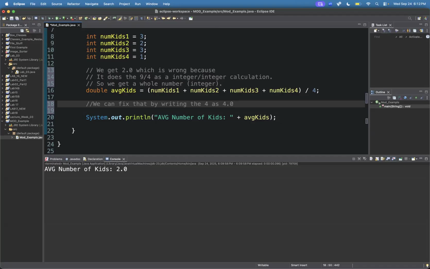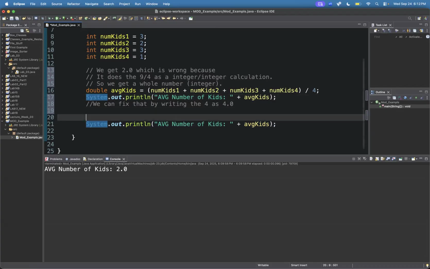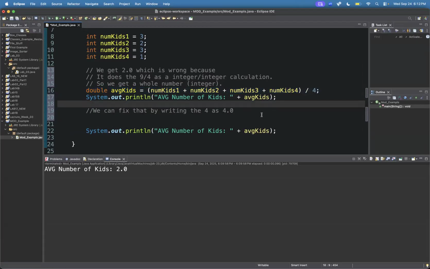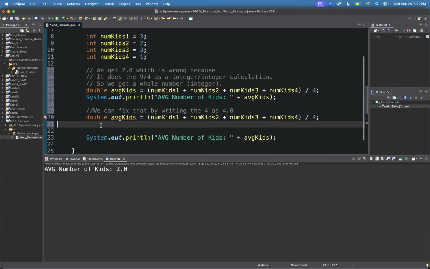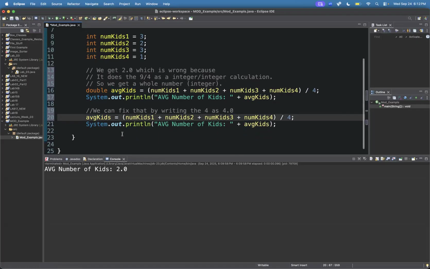Because as soon as you introduce a decimal to the calculation, then Java will say, oh, we must actually be dealing with a double, we need fractions.